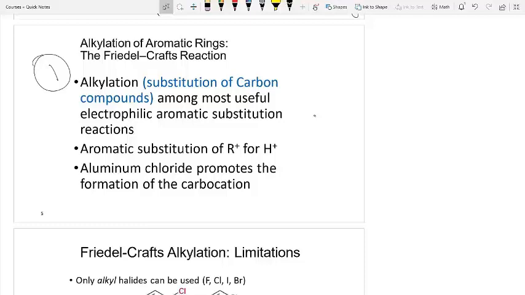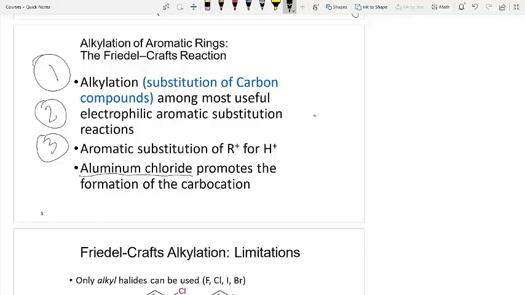So our first limitation is that we can't generate certain types of cations, like sp2 and sp hybridized carbons. Second, there are certain substituents that react in our flask. For instance, aluminum chloride or Lewis acids can react with some of our substituents on the ring, and some of our substituents on the ring help to slow down the alkylation reaction.